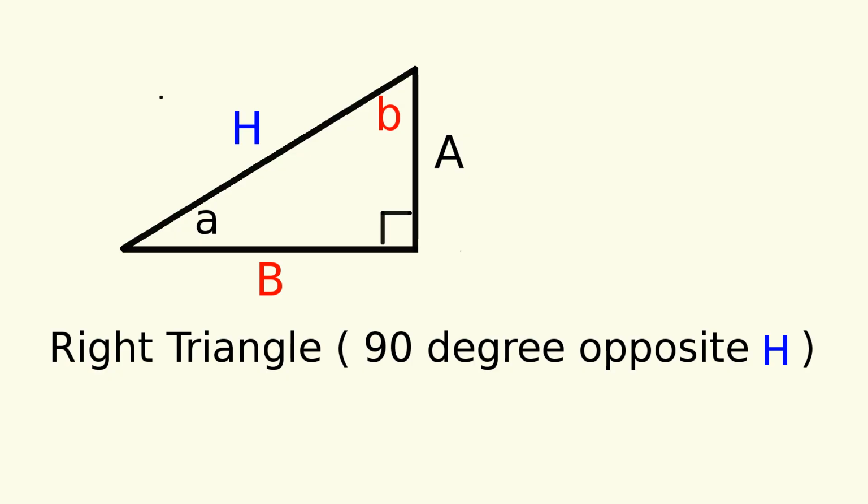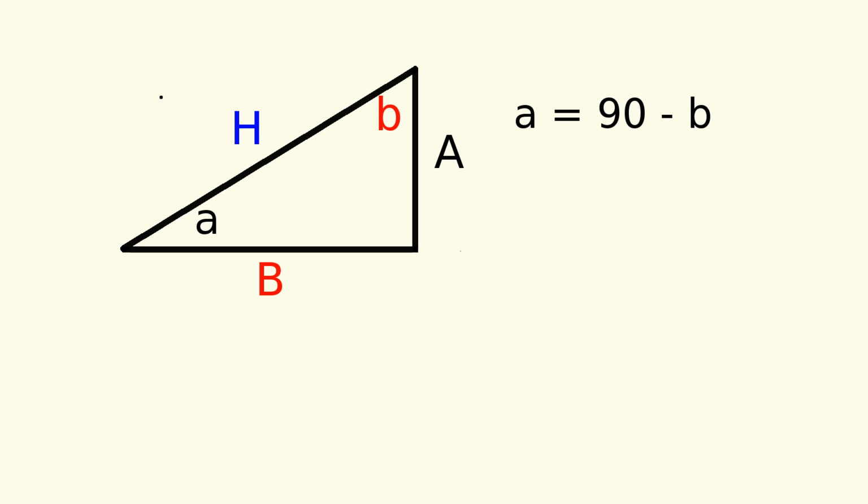For a right triangle, with sides A, B, and H being the long side or hypotenuse, all you really need are three formulas. A equals 90 minus B, since one angle is 90 degrees and the total is 180. A squared plus B squared equals H squared.